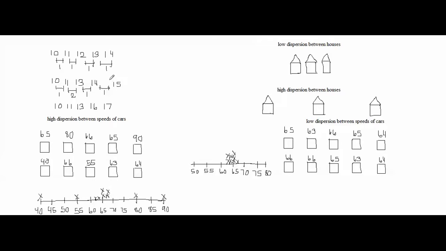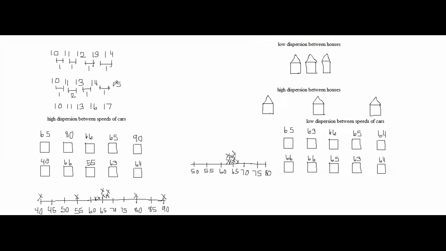So now we have a set of numbers with the lowest amount of spread, a set of numbers with a medium amount of dispersion, and a set of numbers with the highest amount of dispersion. So as we go from this list to this list to this list, the dispersion is going up. This list has more dispersion than this list, and this list has more dispersion than this list.